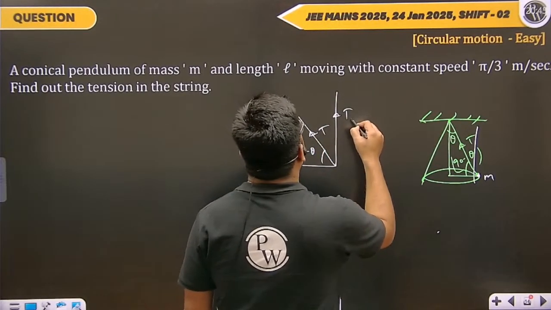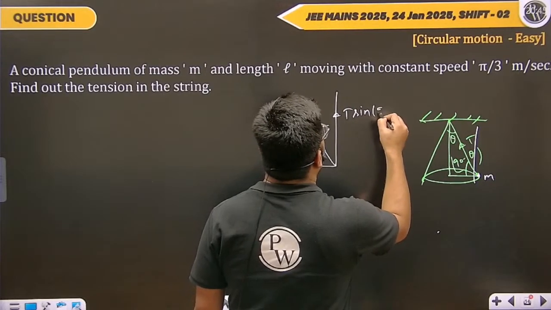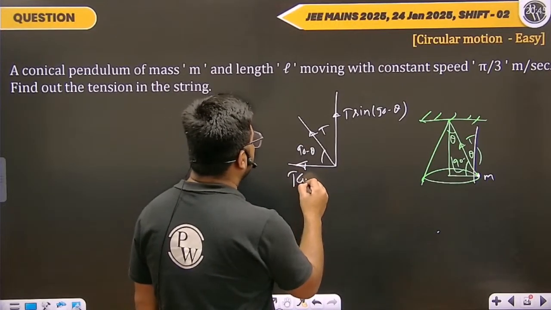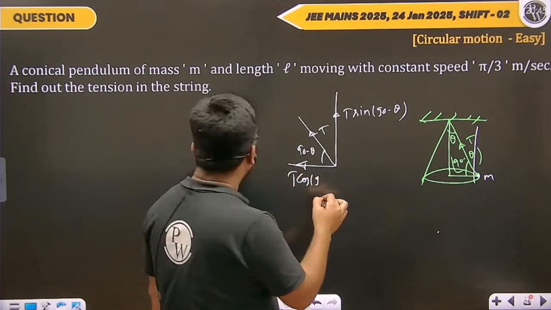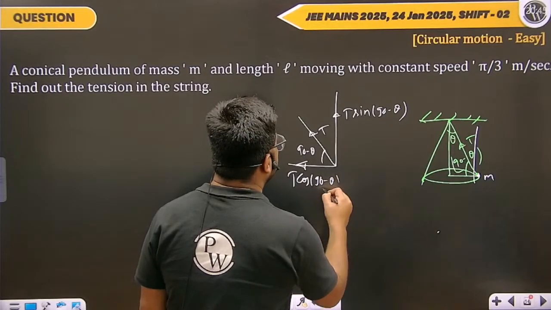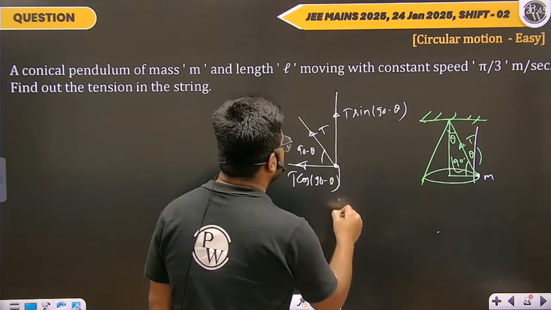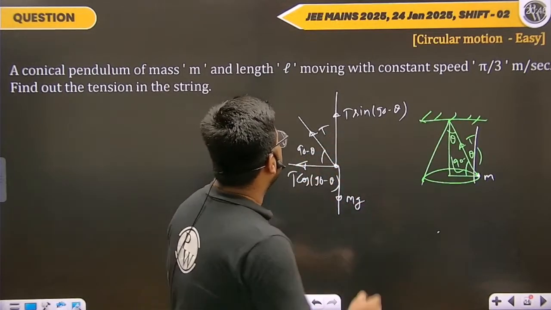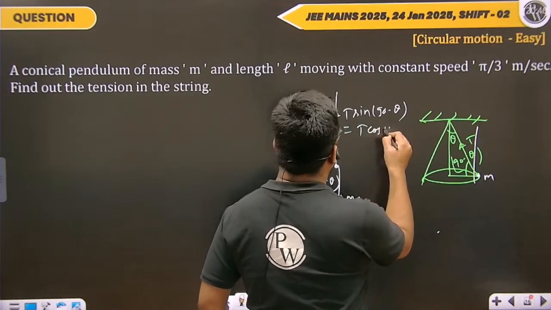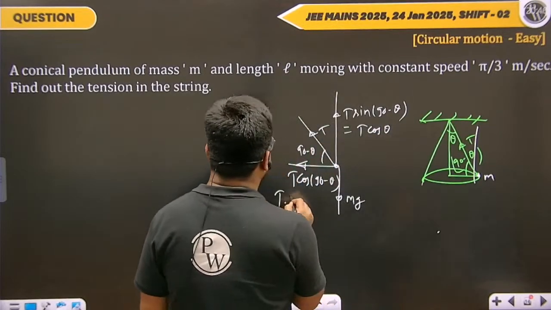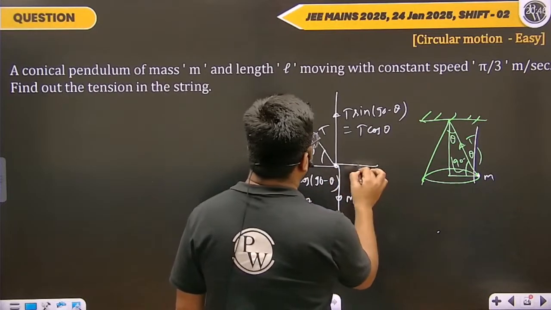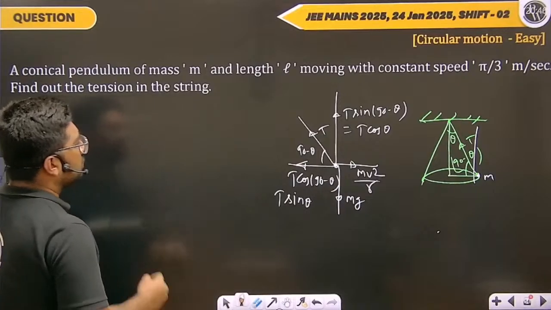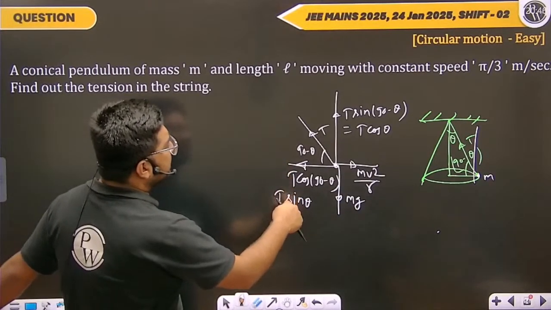T sine 90 minus theta, and this is T cos 90 minus theta. This is mass, so it is mg. So this is T cos theta and this is T sine theta, and we know that this is mv square by r. T cos 90 minus theta, T sine theta.